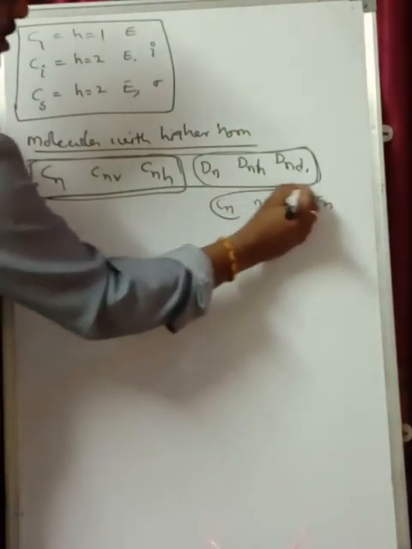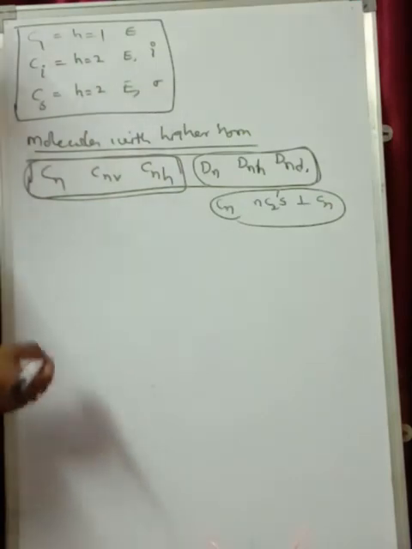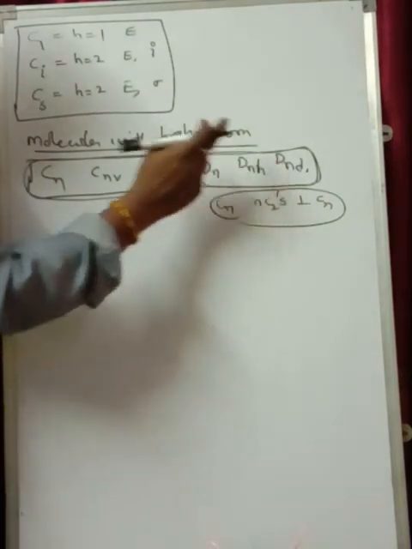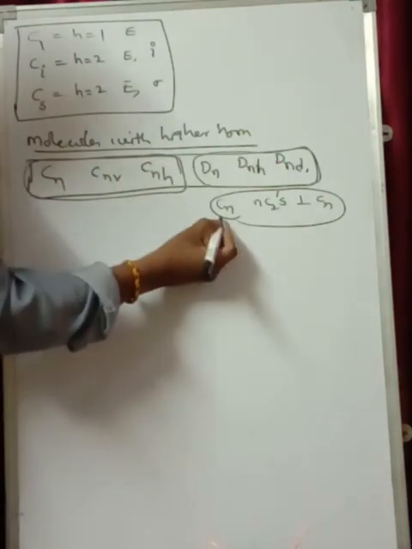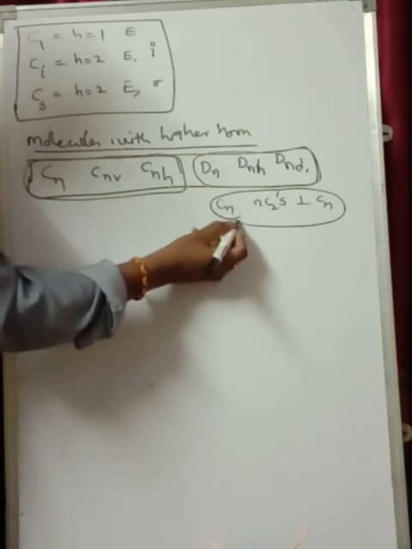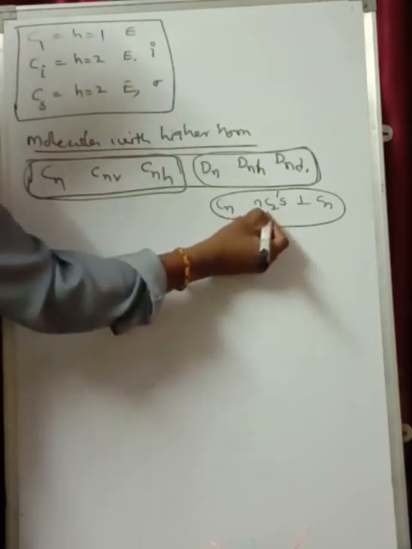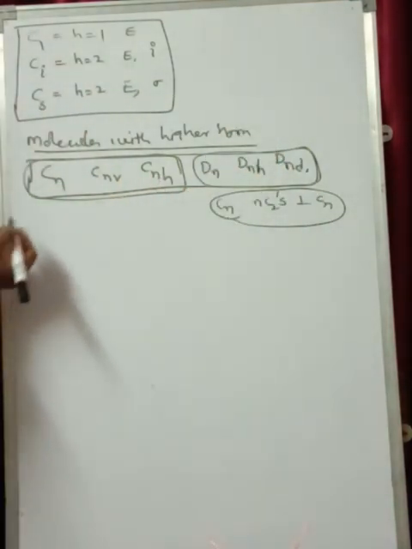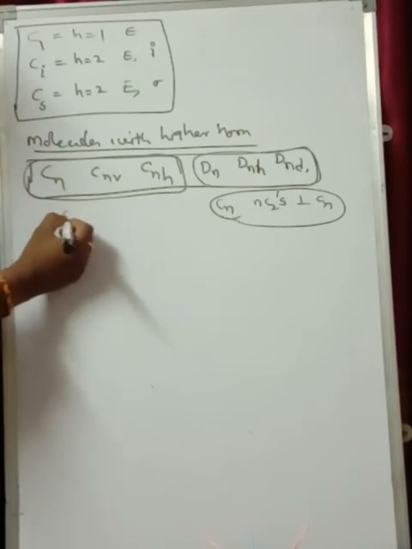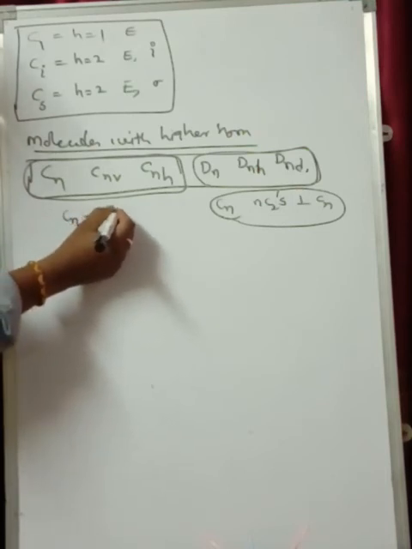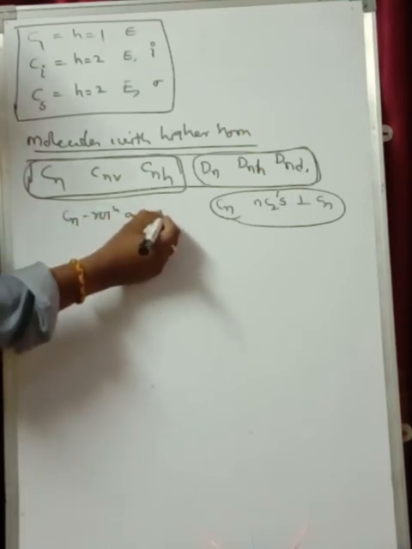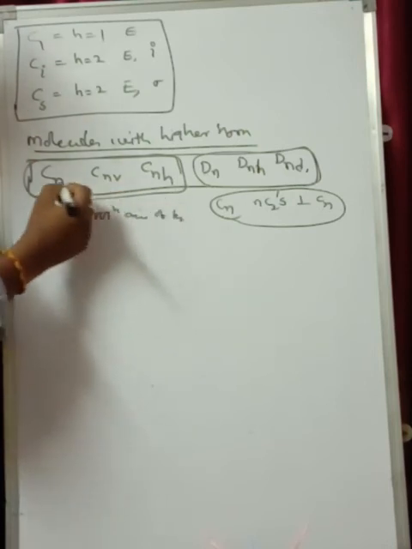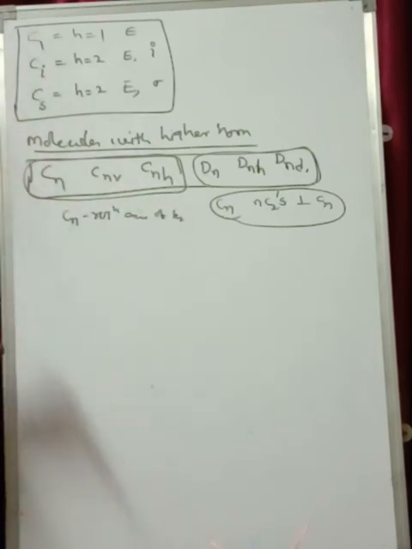This is very common in all these three point groups. Whereas in the first three cases, all will have the Cn rotational axis of symmetry as the higher symmetry element.